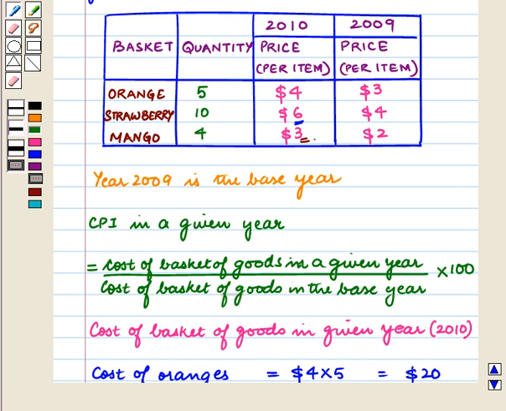Now, the cost of each orange in 2009 was $3. The cost of each strawberry in 2009 was $4. And the cost of each mango in 2009 was $2.